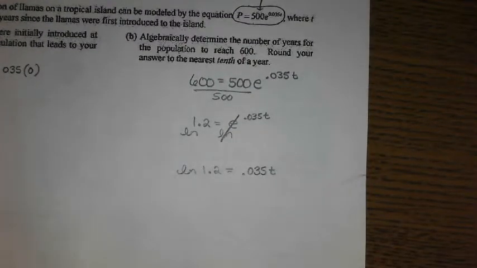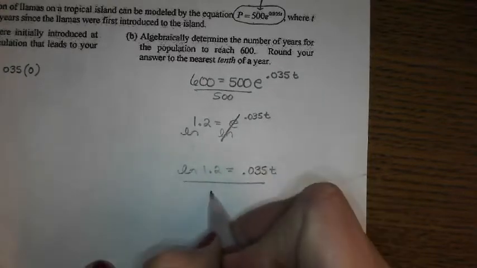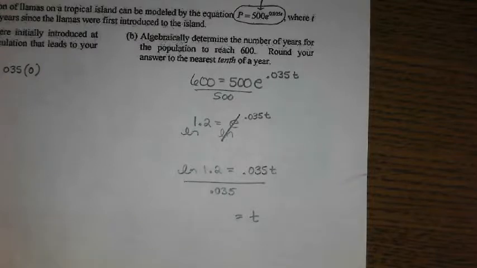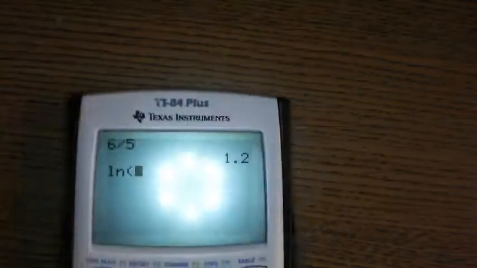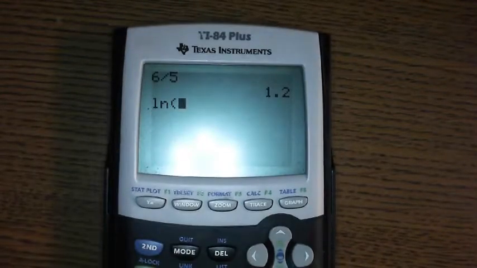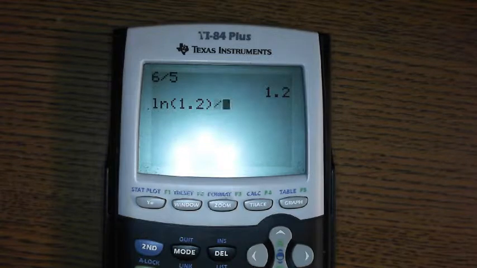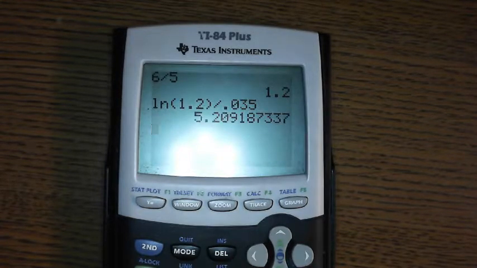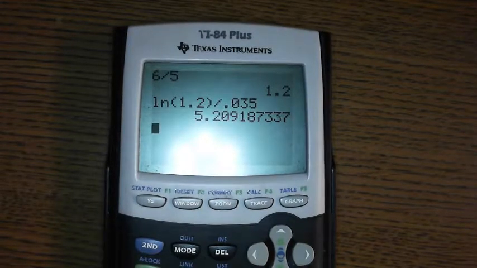And then we just get t all by itself. Divide both sides by 0.035. So the amount of time this is going to take is the natural log. Now again, remember that when you do natural log, it opens parentheses. I only want the natural log of 1.2. So I've got to close my parentheses first and then divide by 0.035. And my time to the nearest tenth is 5.2.